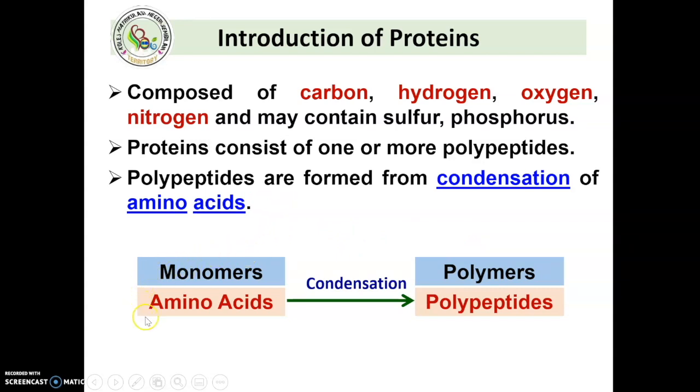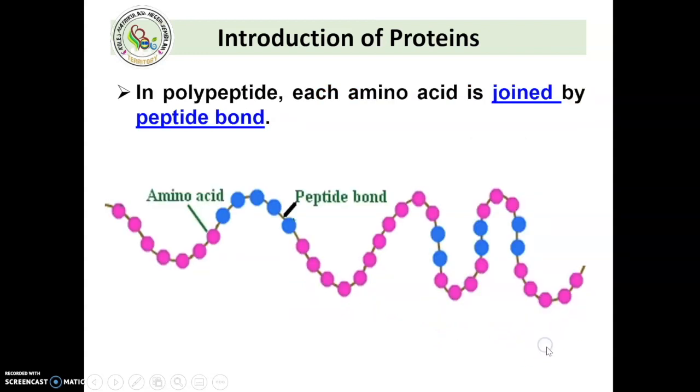The monomer of the protein is the amino acid. Then through the condensation, they can form a polypeptide. In a polypeptide, each amino acid is joined by the peptide bond. So this is a polymer, or polypeptide, joined with the peptide bond.